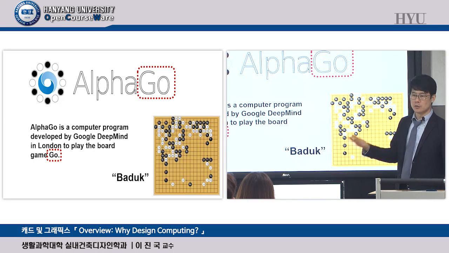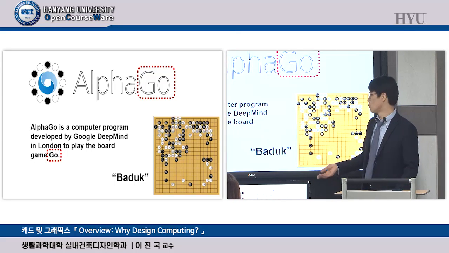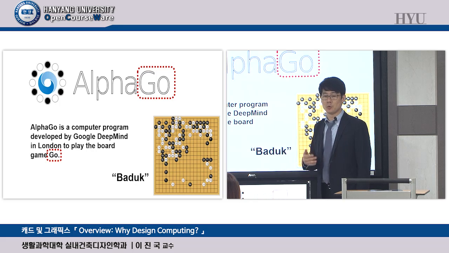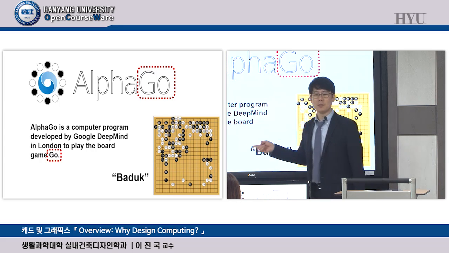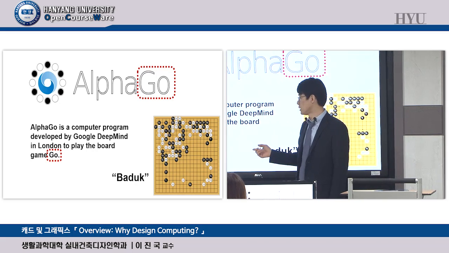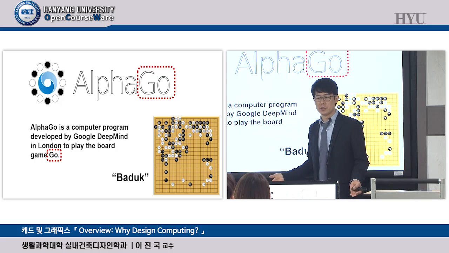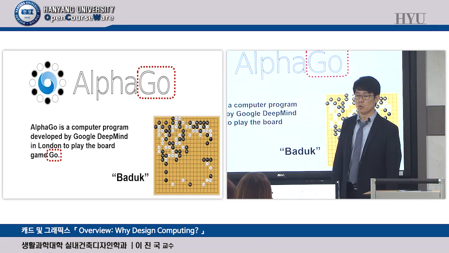If you watched the drama or comic book 미생, you may know 바둑 is a better term, especially for Koreans. Anyway, this is 바둑, the most complicated, sophisticated board game. There are too many ways to go in the game Go.